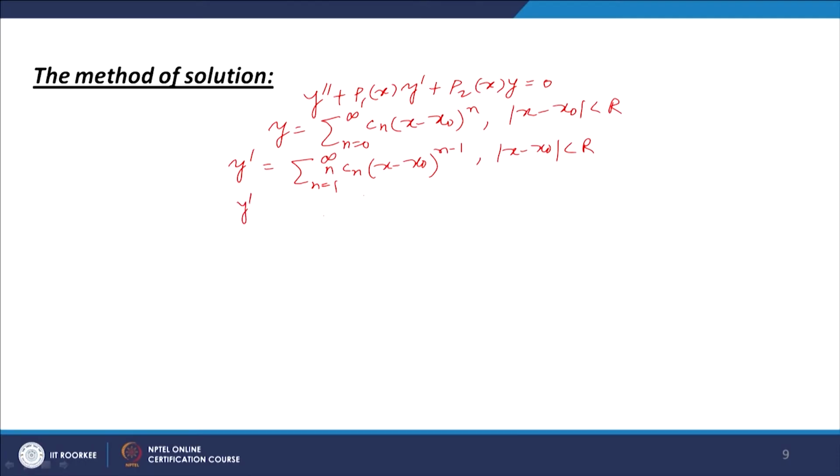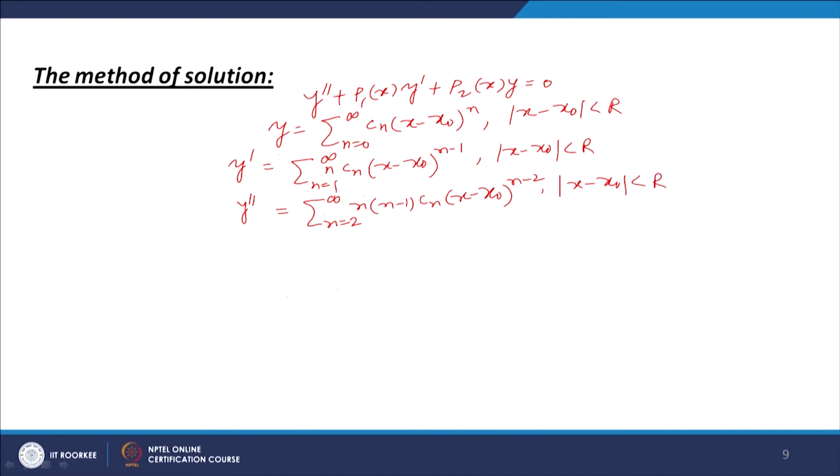We will also find y double dash because we need the value of y double dash. So, sigma n equal to 2 to infinity n(n minus 1) C_n (x minus x naught)^(n minus 2), for |x minus x naught| less than r.